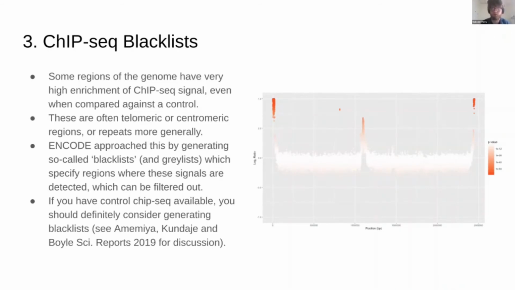Yeah, but so without control, then it doesn't make any sense to do this kind of experiment, or what? No. The experiments still work without control. It's just better to have one. Okay, so we have larger peaks at these regions if you don't have any control. Yeah, you could end up with peaks in repeat regions if you don't have a blacklist. It's not something to worry about hugely.